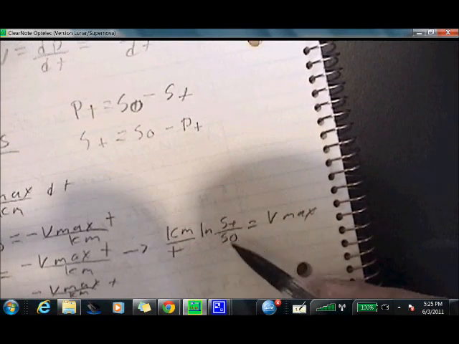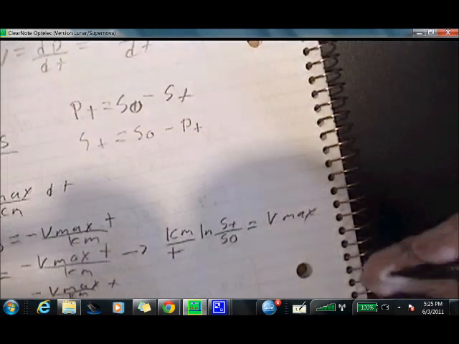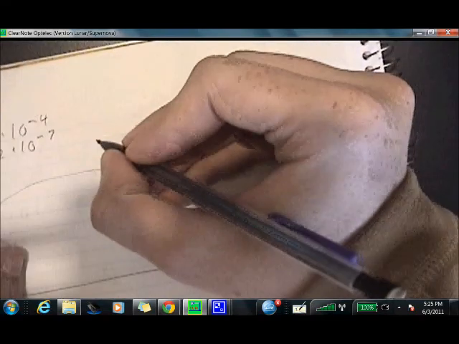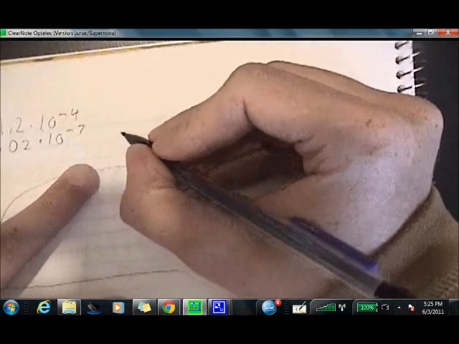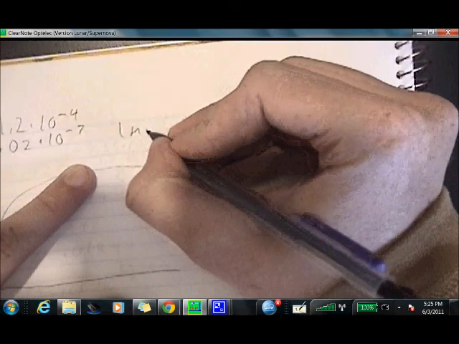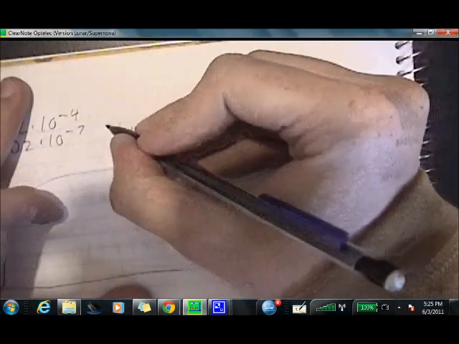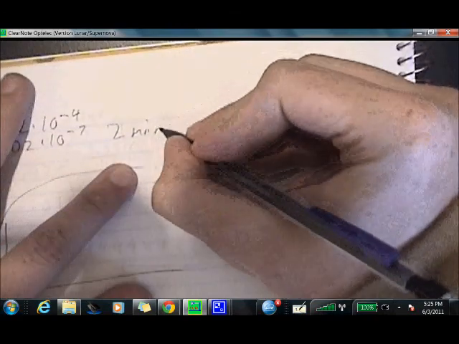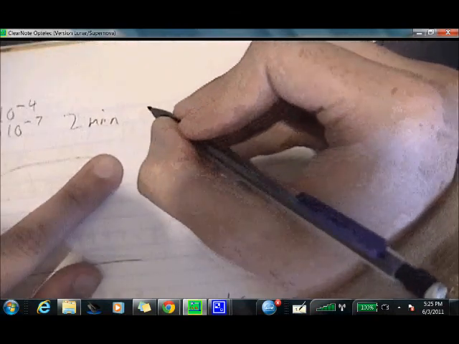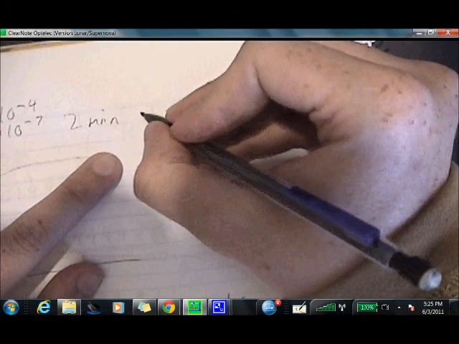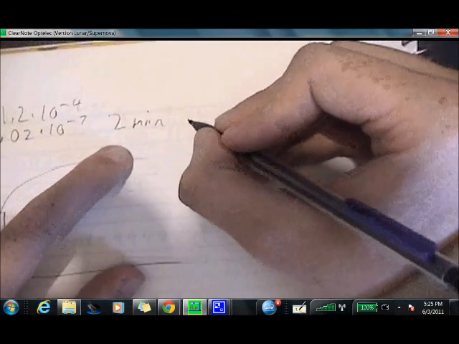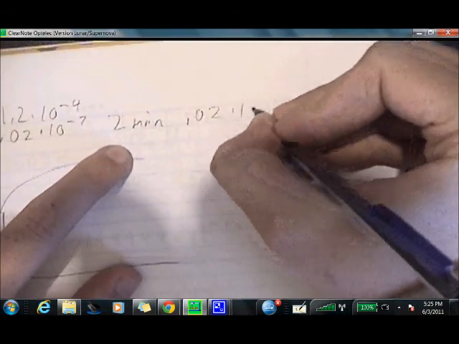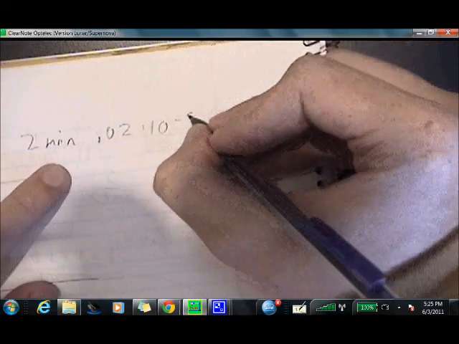If they give you a product or some sort of substrate concentration at the very end, let's just imagine that they say after 1 minute, or let's make it a little bit more difficult, 2 minutes, it will equal 0.02 times 10 to the negative 8th.